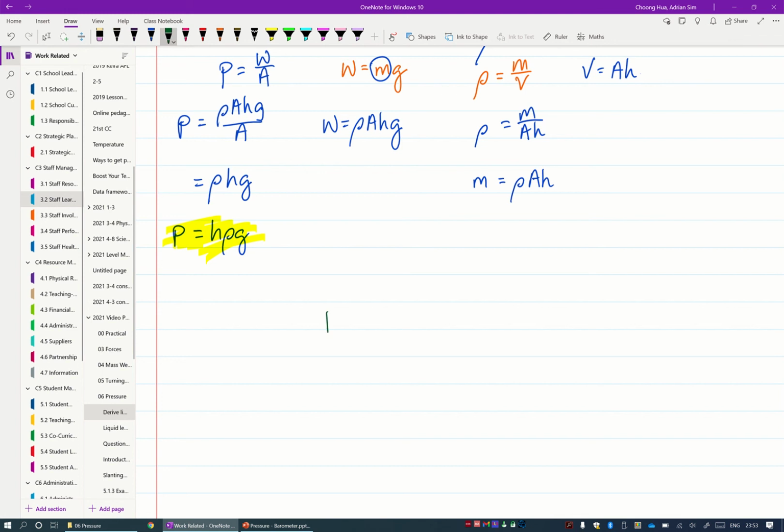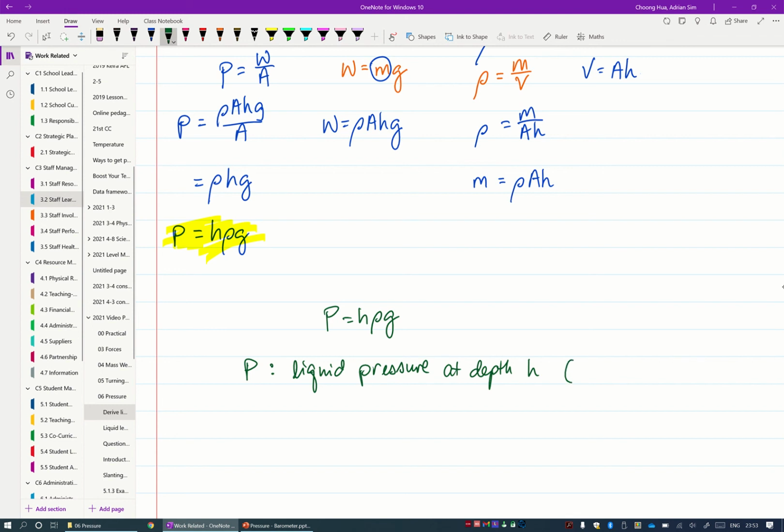Let's rewrite again. P equals h rho g, where P refers to liquid pressure at depth h. Okay, that's liquid pressure at depth h.